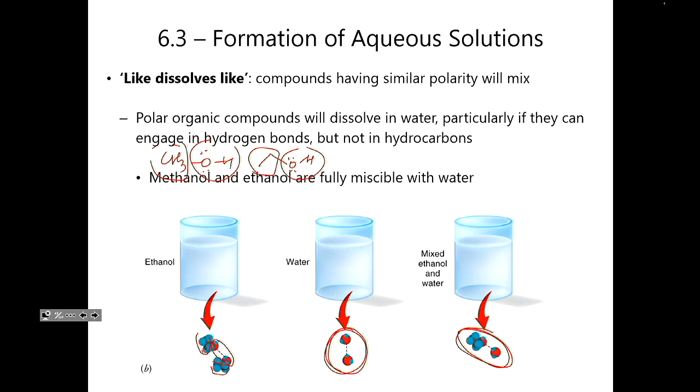Because hydrogen bonds are so strong, even though this is ethanol, even though this is carrying a little piece that is nonpolar, the strong attraction of the OH group of the alcohol with the OH groups of the water overwhelms this nonpolar piece and then allows that interaction to happen. Methanol, ethanol, and alcohols with small numbers of carbons, we're going to see that this changes dramatically as the number of carbons increases. They are going to be pretty much fully miscible with water.